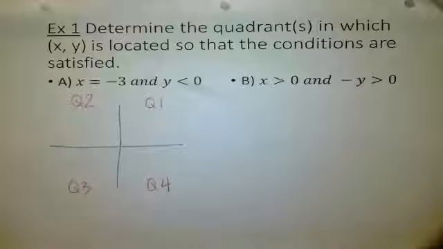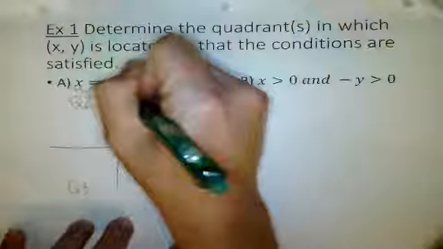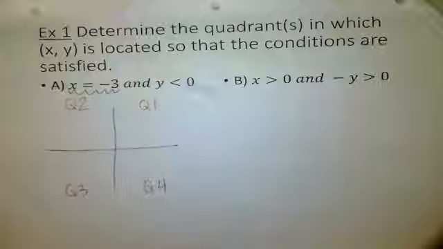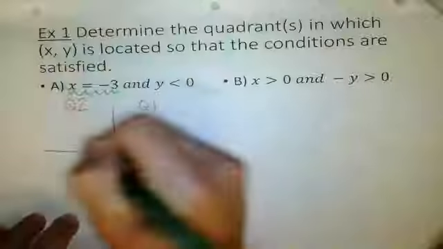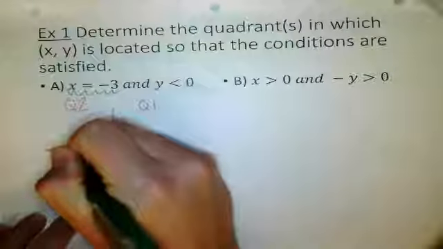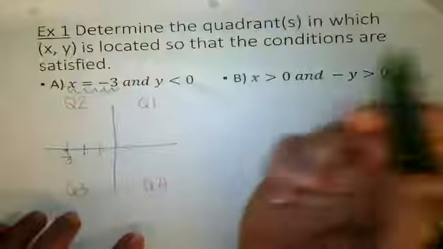All right, so here's what I'm going to do. The first thing I'm going to look at is the condition that x is equal to -3. If x is equal to -3, what quadrants am I in? 2 and 3, right? Because -1, -2, right here is where x is equal to -3.